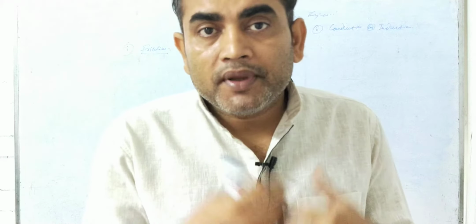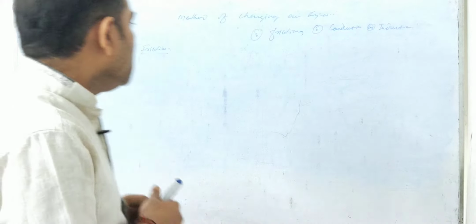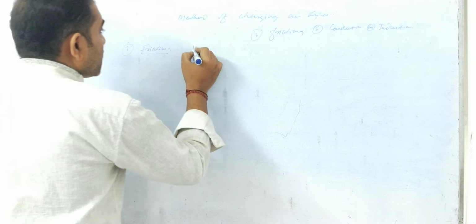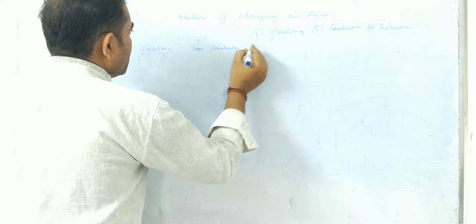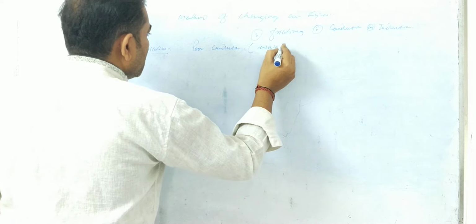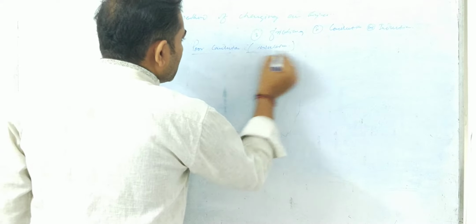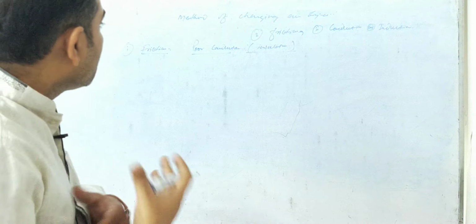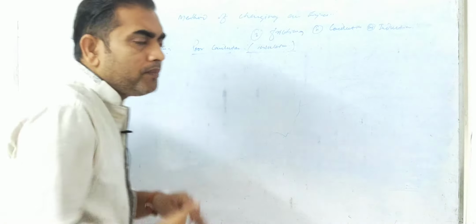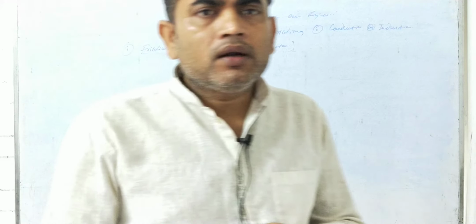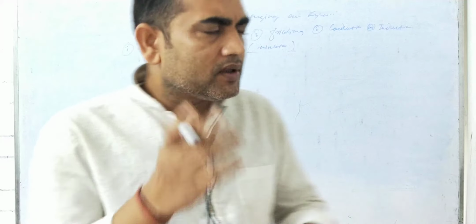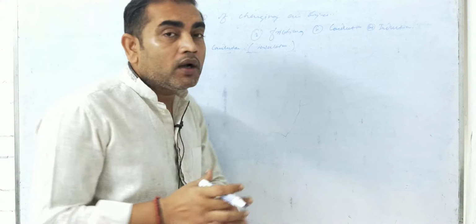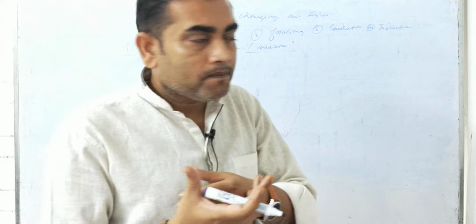So what kind of objects are generally charged by the method of friction? Generally those objects which are poor conductors, or we can call them insulators. Non-metals or poor conductors are generally charged by friction, because by the other methods their electrons cannot be transferred from one place to another, as they do not contain free electrons.